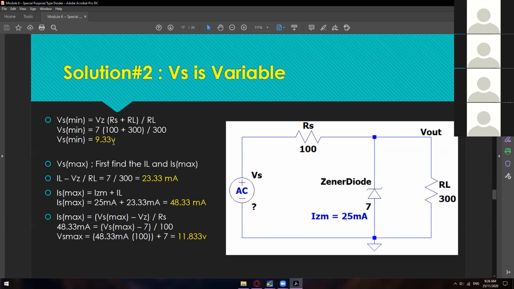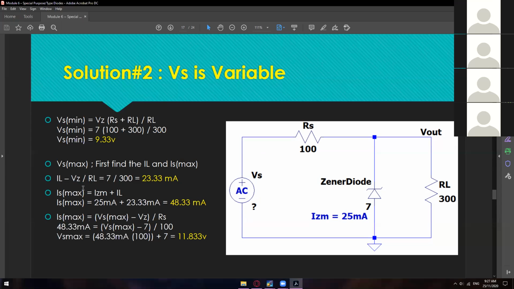And then solving for the VS max. Before you can solve for the VS max, you have to find the IL and then the IS max first. So solving for IL, this is the other formula.